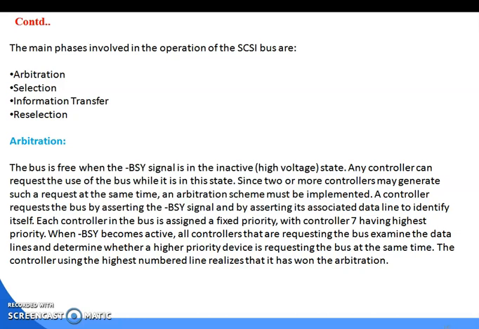Any controller can request the use of the bus while it is in this state, and since two or more controllers may generate such a request at the same time, an arbitration scheme must be implemented. Arbitration is a scheme used when multiple requests are generated.